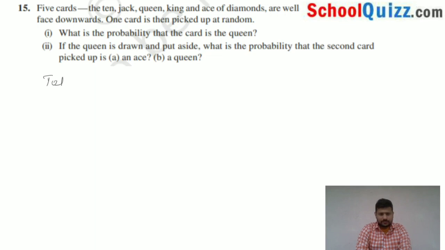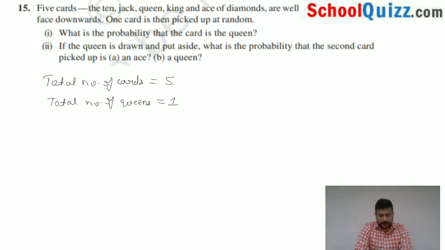Total number of cards is equal to 5. Total number of queens is equal to 1.